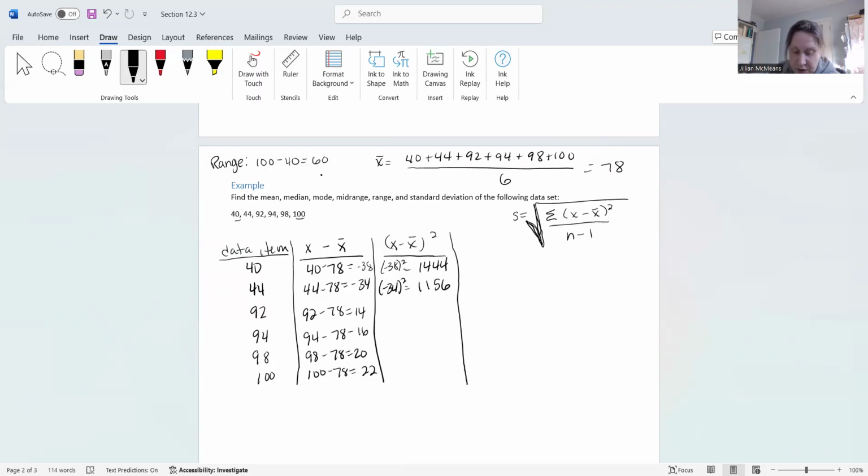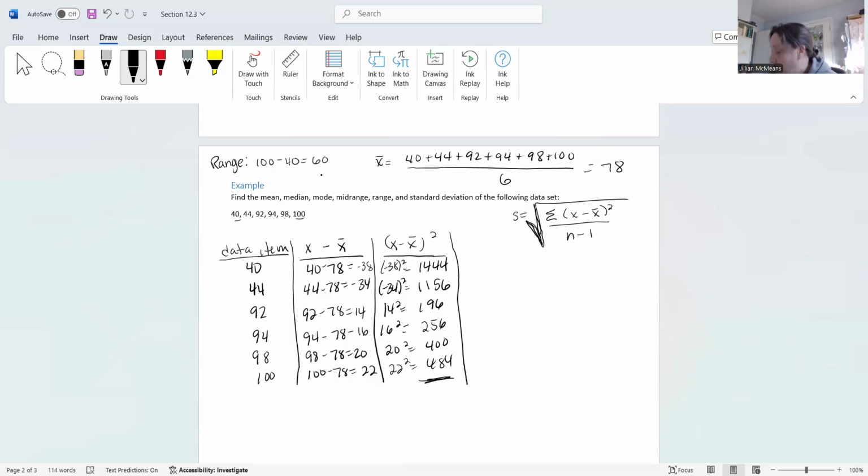14 squared is what, like 296 or something? 196, I was way off. 16 squared is 256. 20 squared is 400. And finally, 22 squared, we get 484.